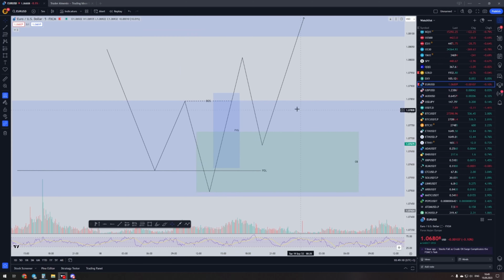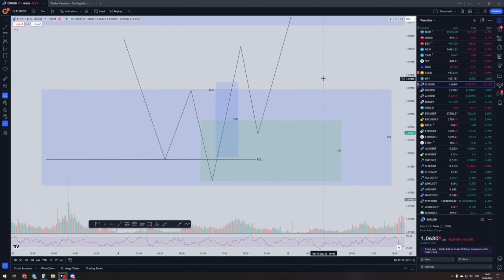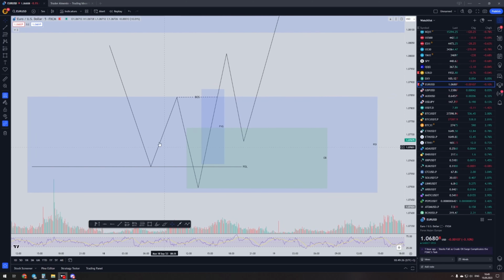So we have this order block. As you can see, this is happening inside of our point of interest. We have a break of market structure with fair value gap formation and an order block.